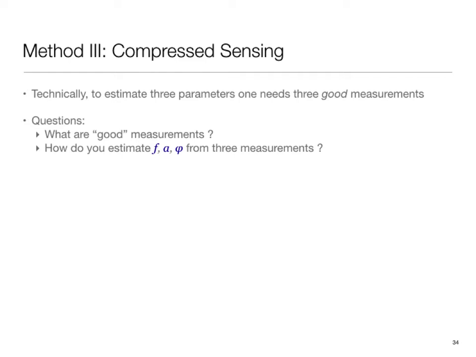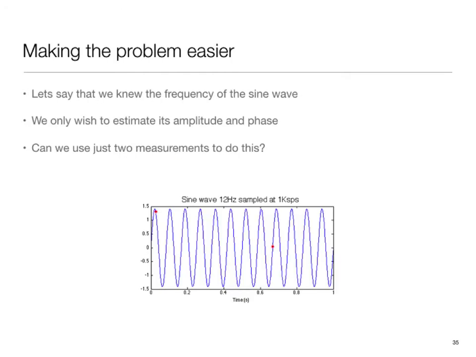I want to collect samples to begin with, with this model in mind. So intuitively, since I have three parameters, then three samples should suffice. So let's consider a simpler case. Let's say we knew the frequency of the sine wave, and we only need to measure its phase and amplitude.